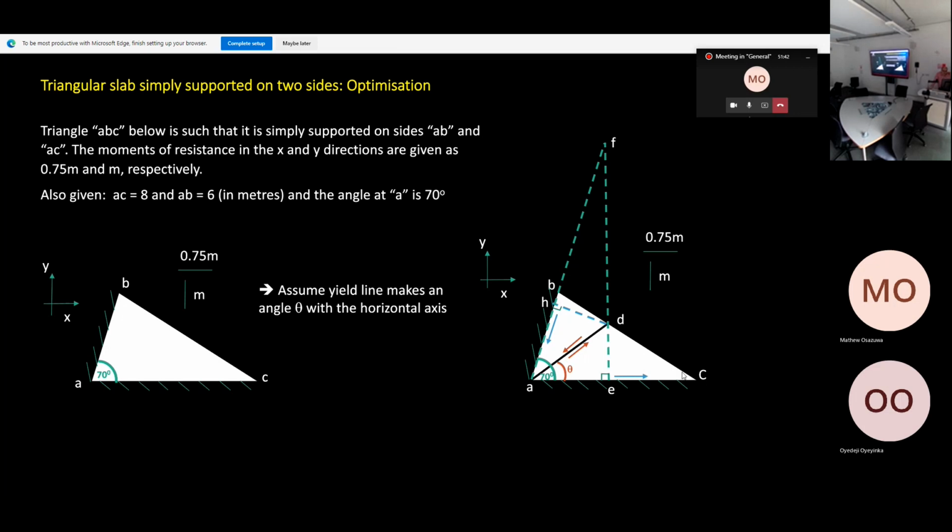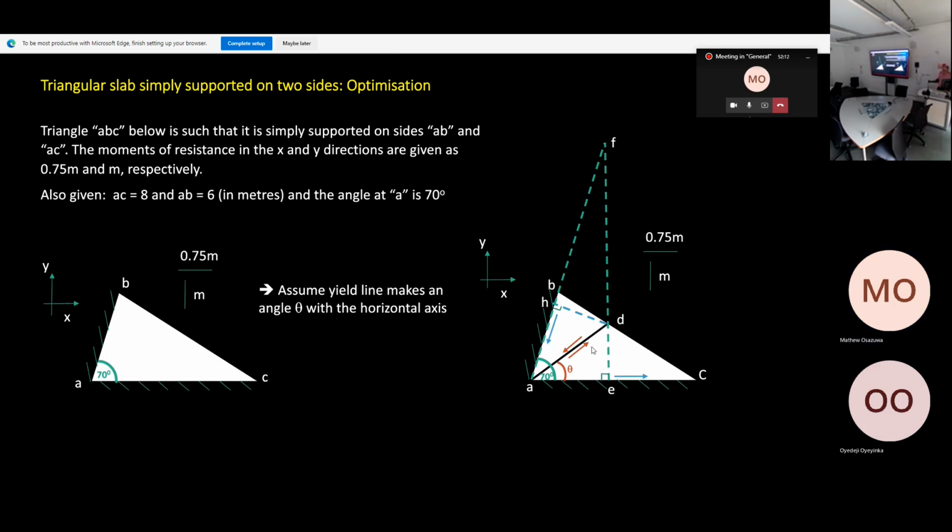If you start with this side, you've got this, and this is the thumb direction. The moment along the yield line is coming out of the screen towards you, and the thumb will give you the direction of the vector. You agree? Okay. And then the other vector obviously will be equal and opposite in direction.